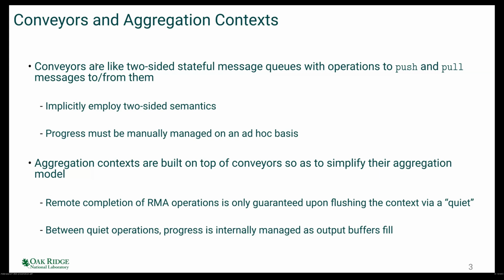The aggregation context that we designed is built on top of them to simplify the model. What it basically means is it's focused on completion semantics of RMA operations, such that we loosen things so that the remote completion guarantees that are normally provided are not, and you only get a guarantee that anything is done when you flush the entire context via a so-called quiet operation.